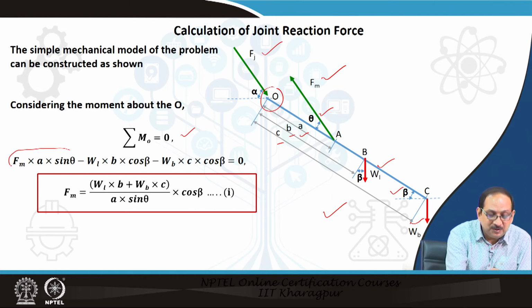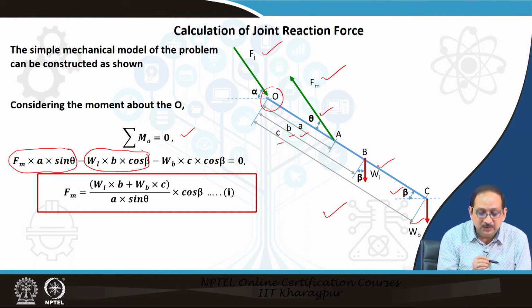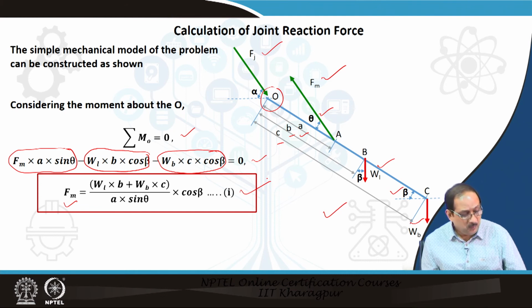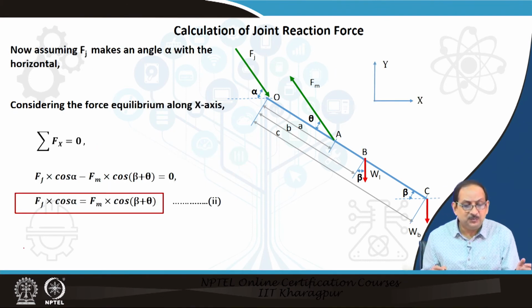The first term is the moment of the muscle force, the second term is the moment of the limb, and the third term is the moment created by the weight of the boot. These can be related through the moment equilibrium equation, from which we can express the muscle force in terms of the related variables as shown in equation 1.